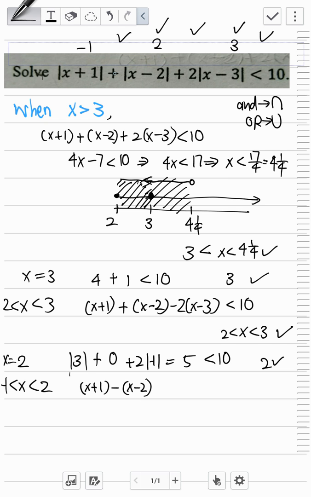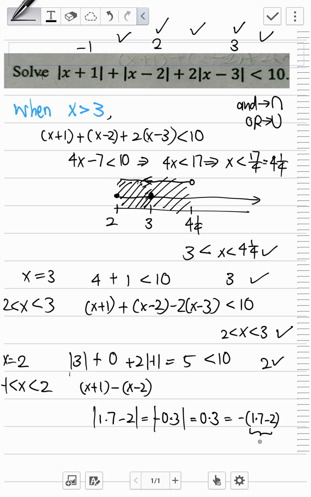Why I add a negative now is because, okay, let's say maybe I do it again. Let's say I choose a number between here and here, could be 1.7. So 1.7 minus 2 is minus 0.3. The modulus of minus 0.3 is just 0.3. It is equal to minus times (1.7 minus 2), correct?